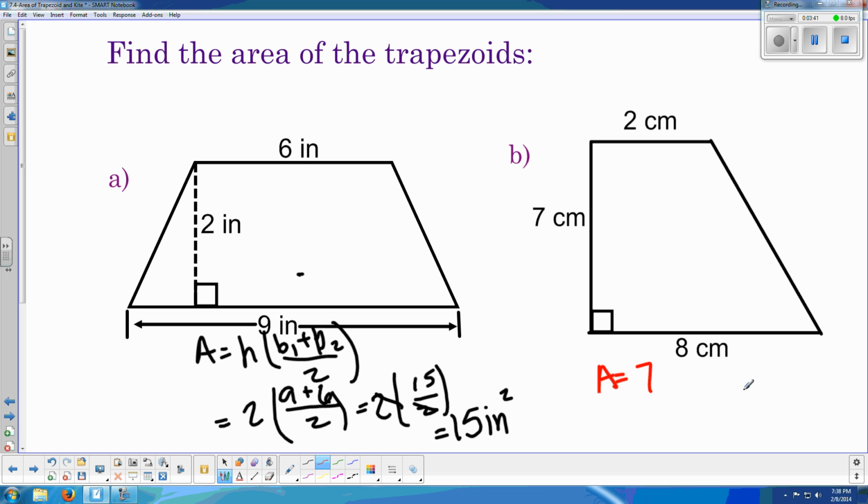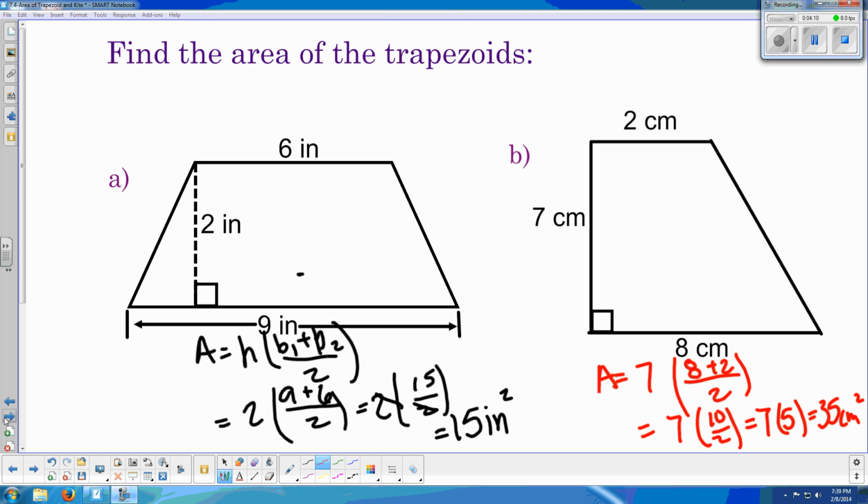So I have 7 times base 1, which is 8, plus base 2, divided by 2. So then I have 7 times 8 plus 2 is 10 over 2. 10 divided by 2 is 5. So I have 7 times 5, which is 35. And don't forget our label, centimeters squared.